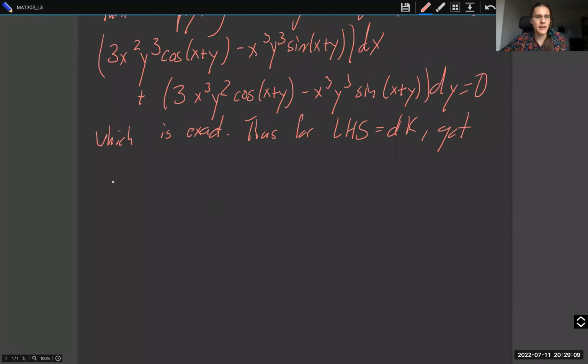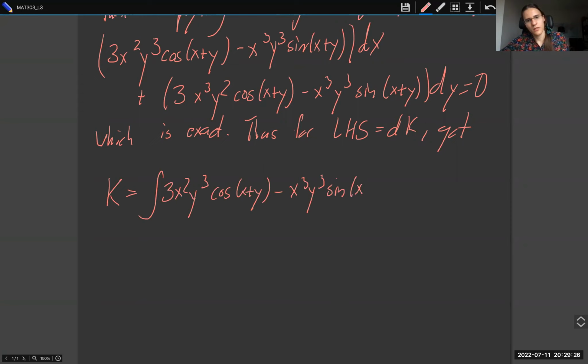So k is going to be the integral of m with respect to x. And when we look at this, we're actually going to be a bit clever now.